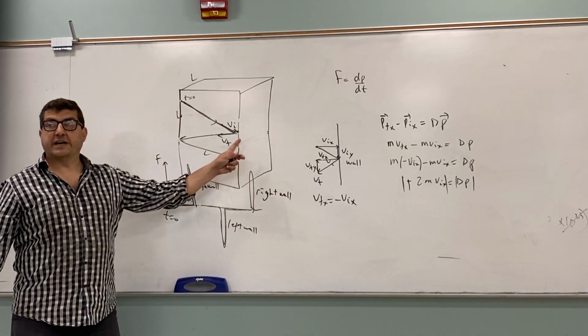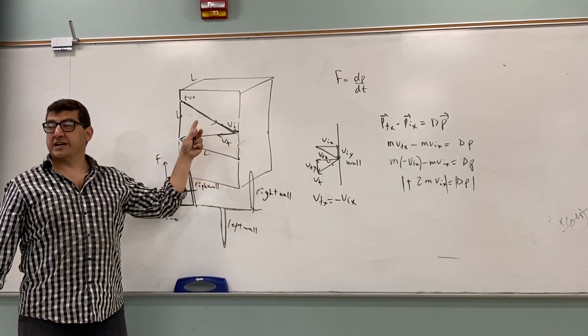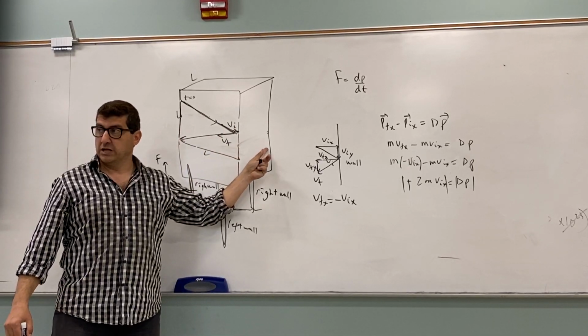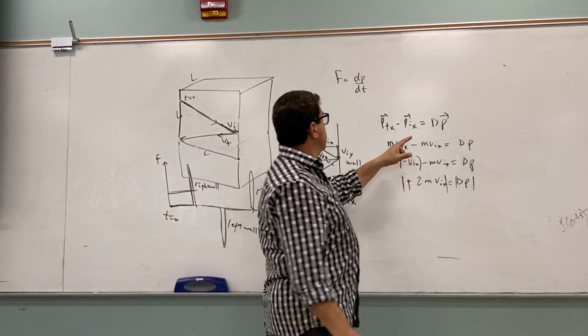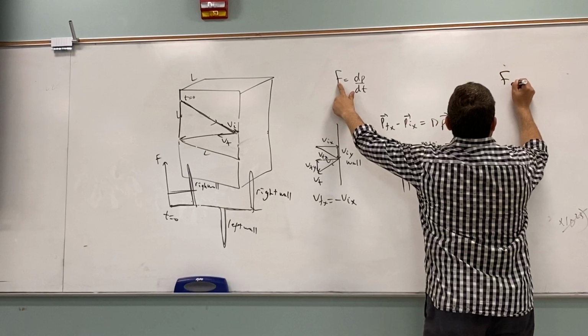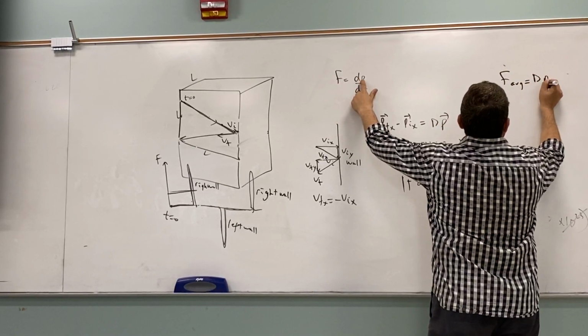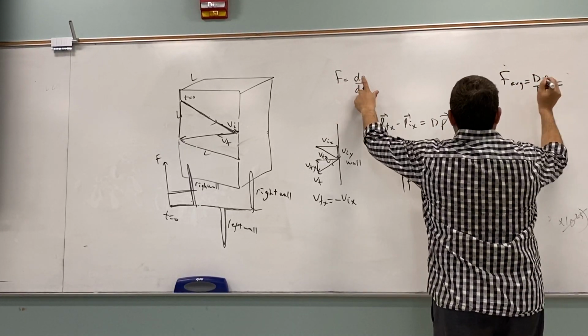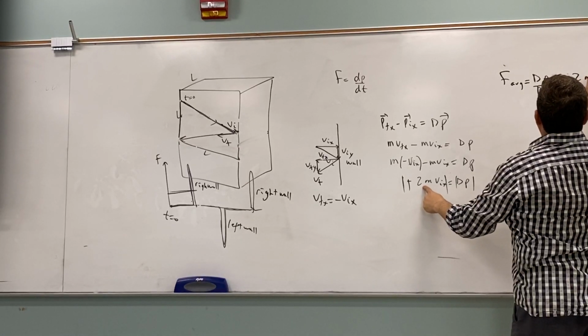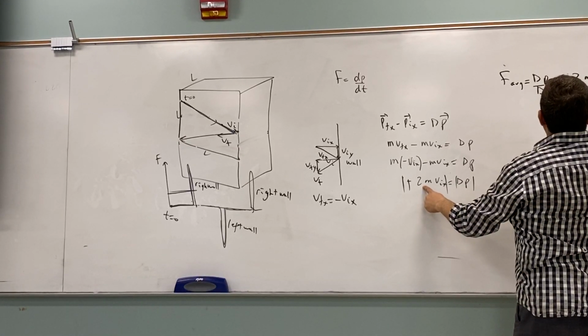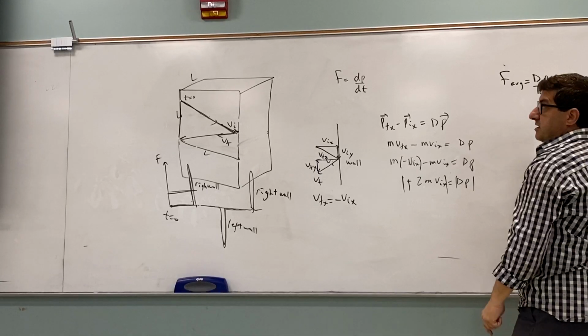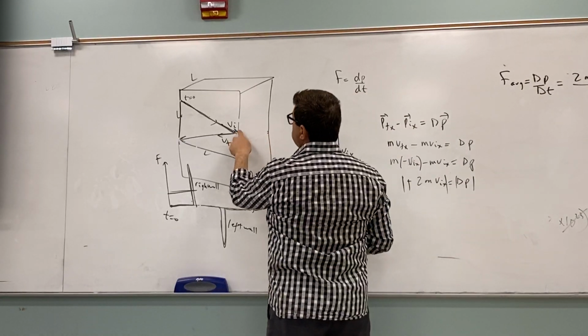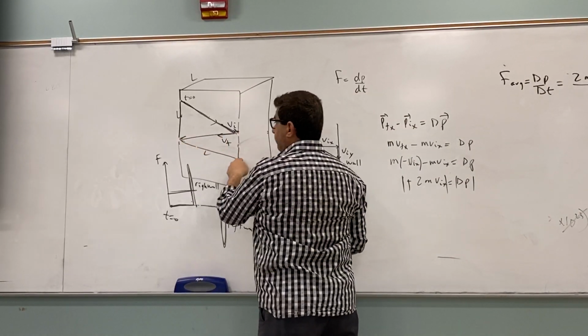So if I want to know the average force experienced by the particle from the right wall, I say force average is delta P over delta T. What's delta P? 2m v initial x, divided by what's delta T? The time it takes, once it hits the wall, for it to go and come back.